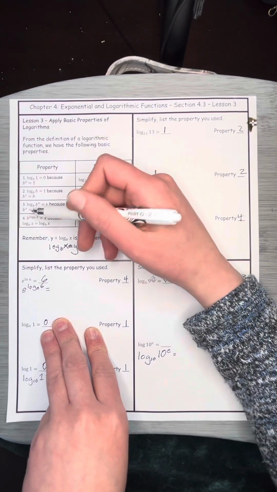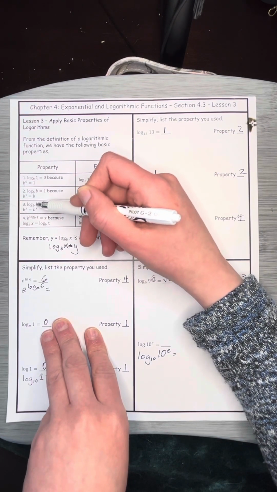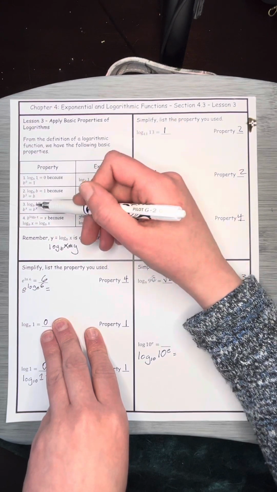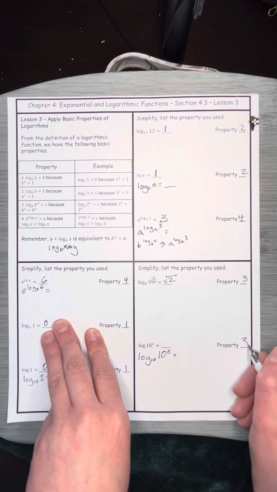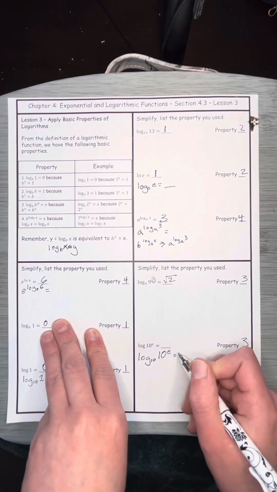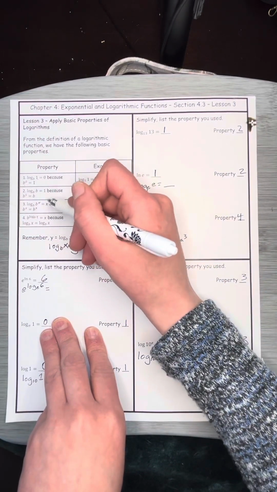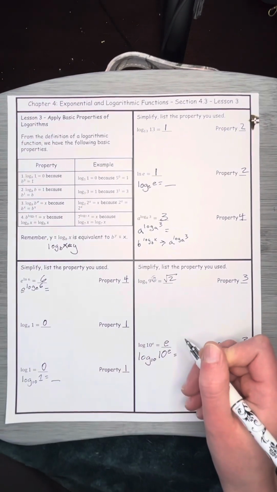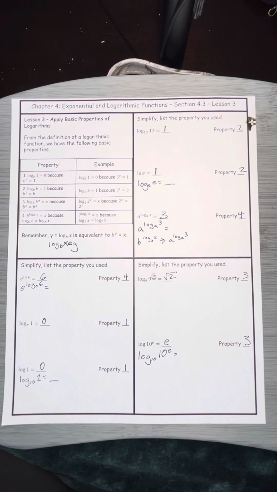So let's come and look. I have 10 and 10. That works right there. It can't be this one because there's no exponent, so it has to be that one. So we're using property 3. And our exponent is going to be our x, so it will be e. All right, and there we are, all done with that.